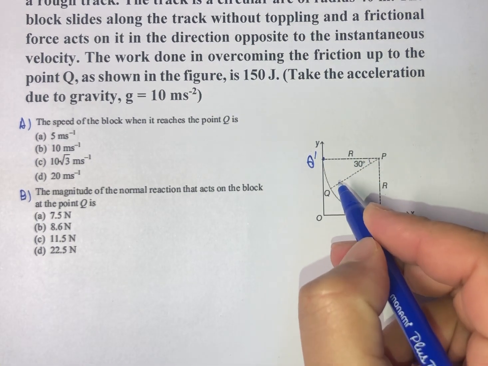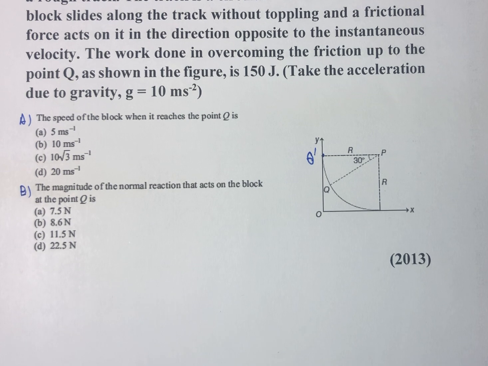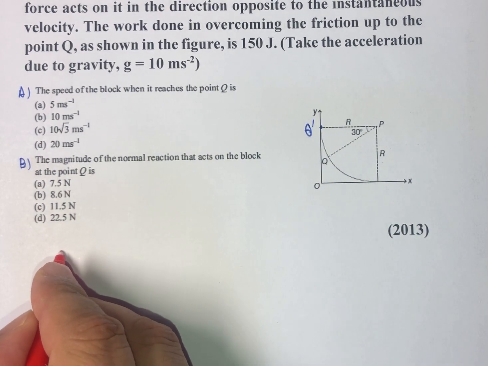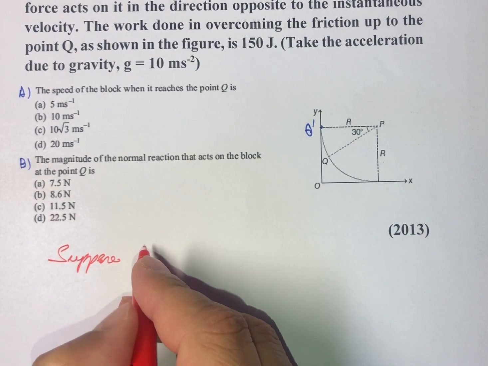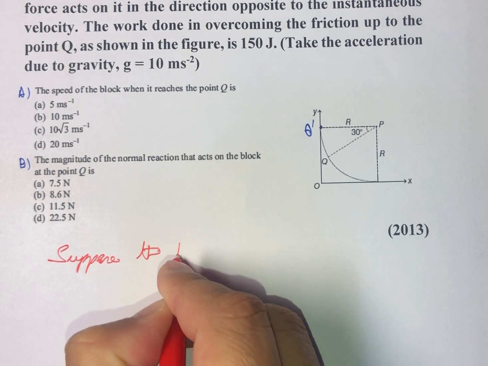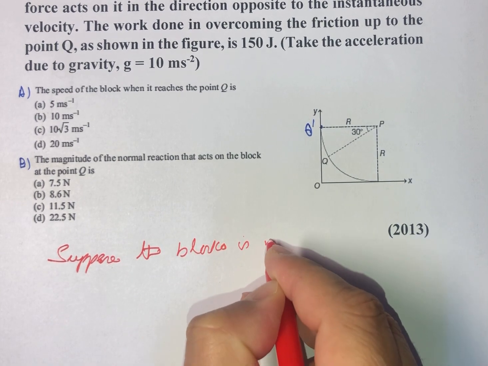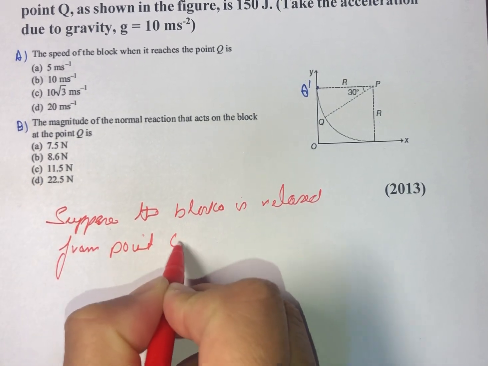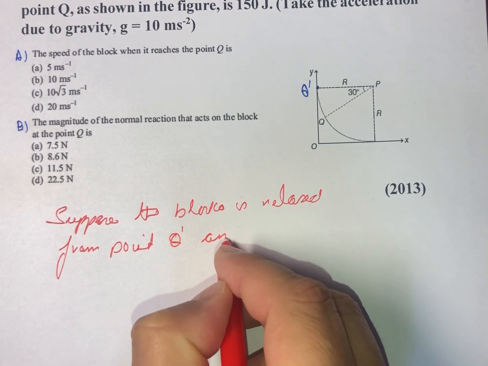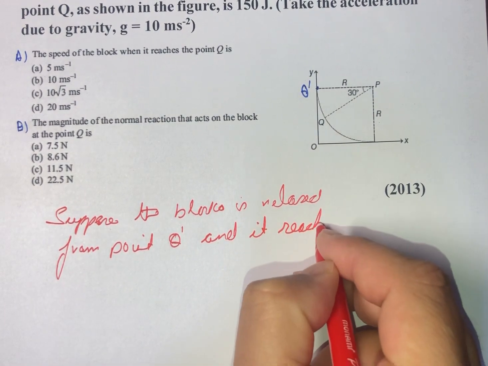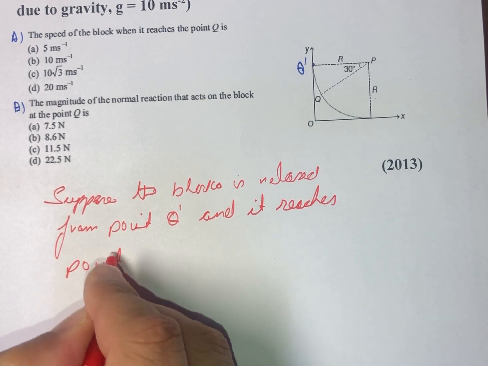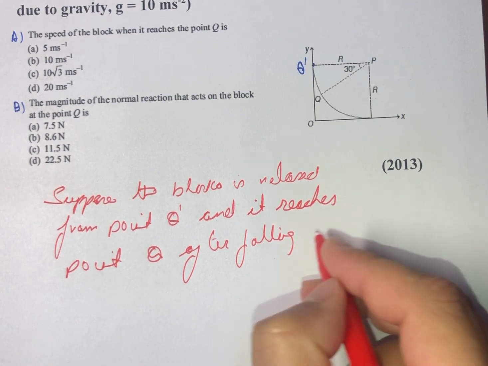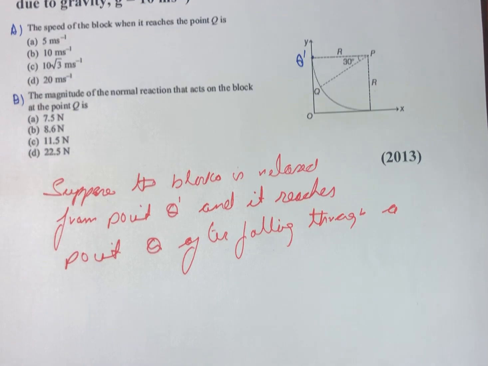So let us solve it. Suppose the block is released from point Q prime and it reaches point Q after falling through a height of h.